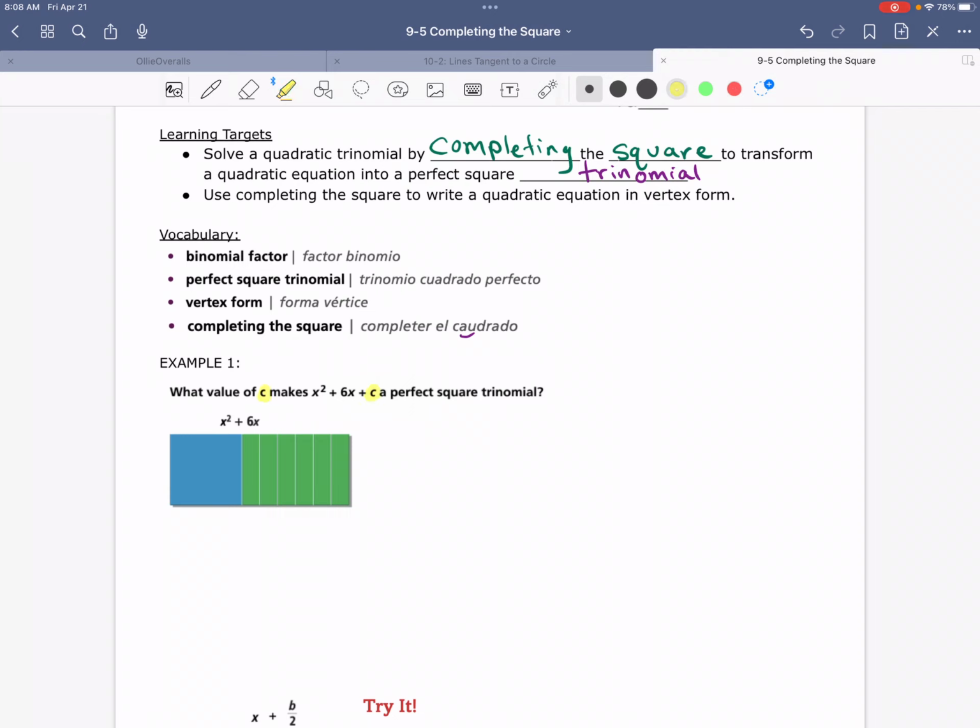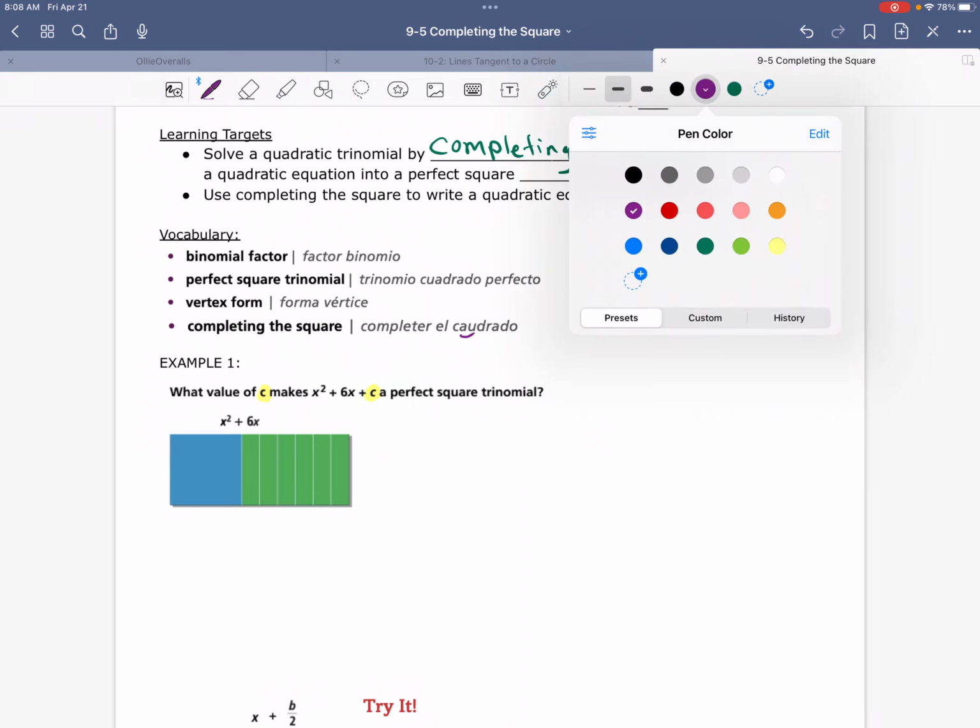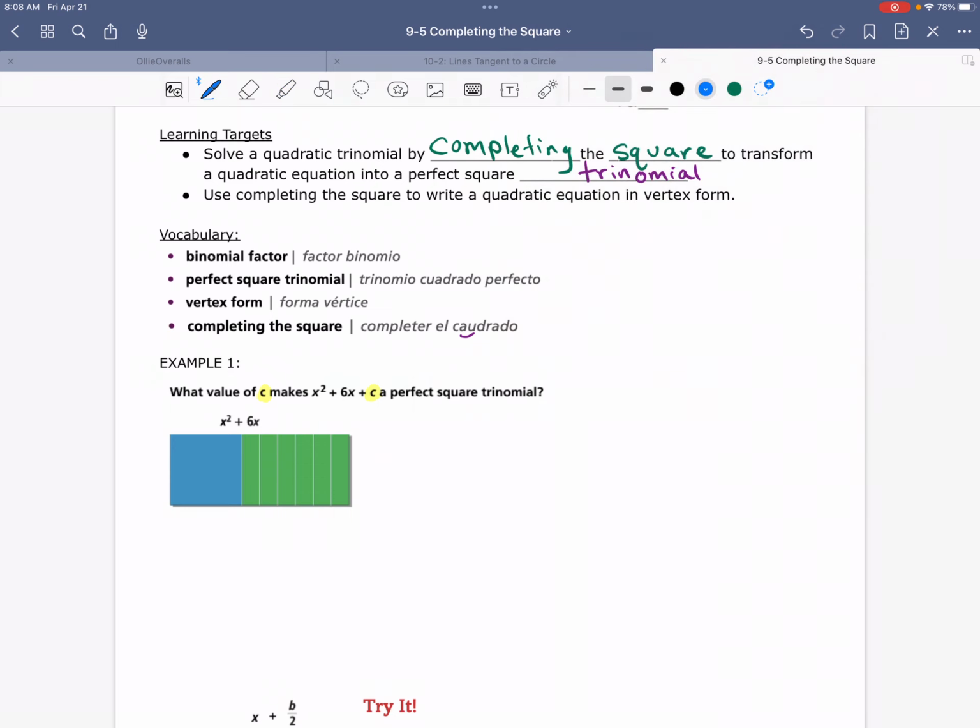So what they're asking us to do is basically take this picture and make it into a perfect square. So we're going to redraw the blue square like this. And then you're going to draw 3 of the bars this way, and then 3 green bars going this way.